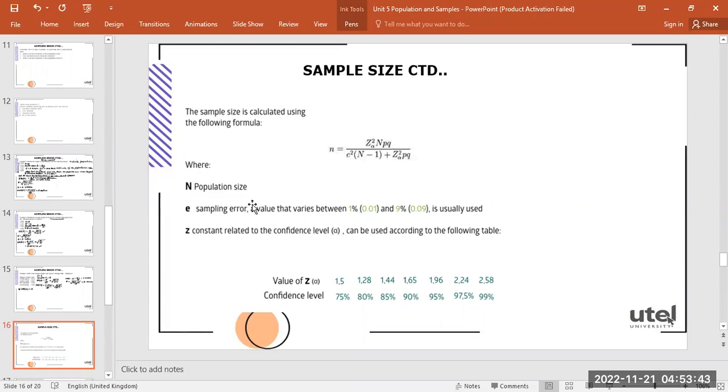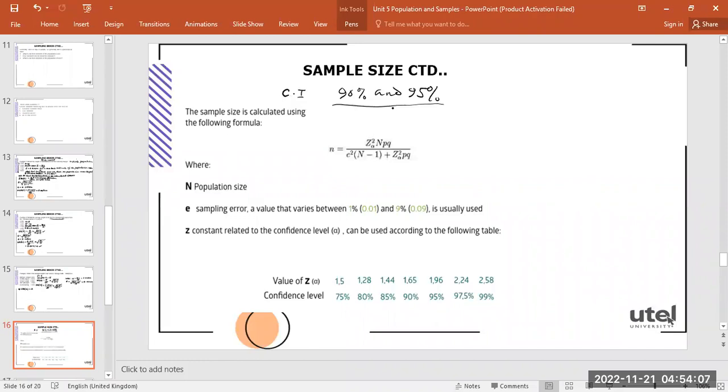It is important to note that in the social sciences, typical confidence intervals are 90% and 95%. That's the typical confidence interval or confidence level.